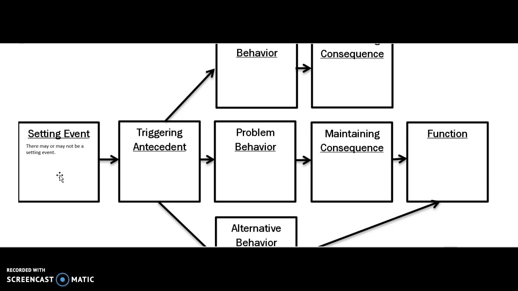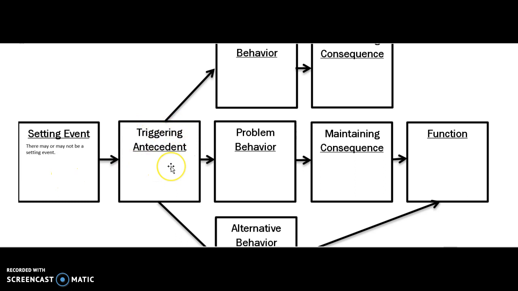If the student has spent time with the non-custodial parent, this behavior is more likely to occur. If the student has changes in routine, this behavior is more likely to occur. So if there's a setting event related to that behavior, you're going to identify it here. If there is not, I want you to put none or NA or something, so I know that you've at least considered it. All right?